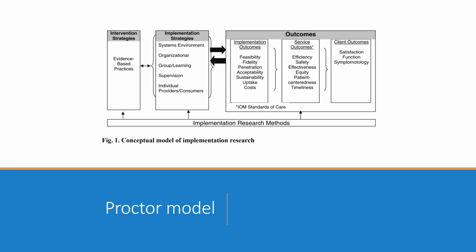But the next step is, what are implementation strategies? These are examples at different levels. It could be at an individual level, meaning that patients get education about using a spacer, and the providers get education, and then they do something together.